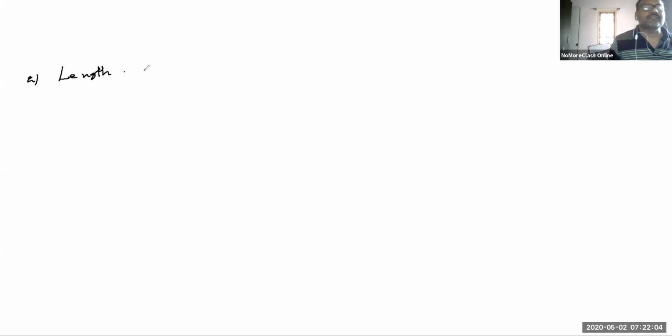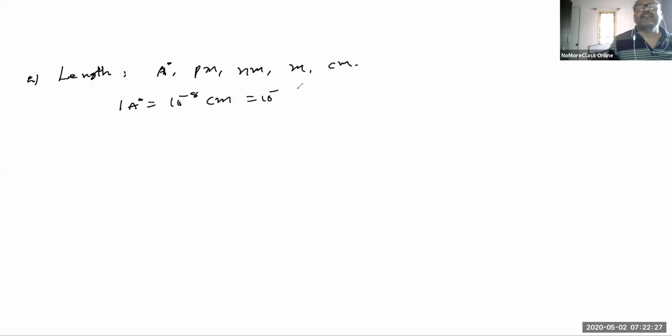So length units are generally measured in angstrom units, picometer, nanometer, or meter, centimeter. These are the units, right? So I'm writing interconversions. 1 angstrom is equal to 10 power minus 8 centimeter, or 10 power minus 10 meters.